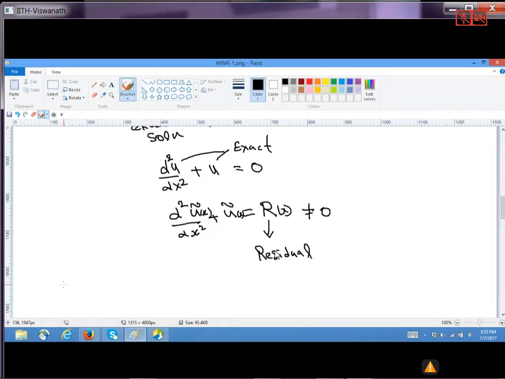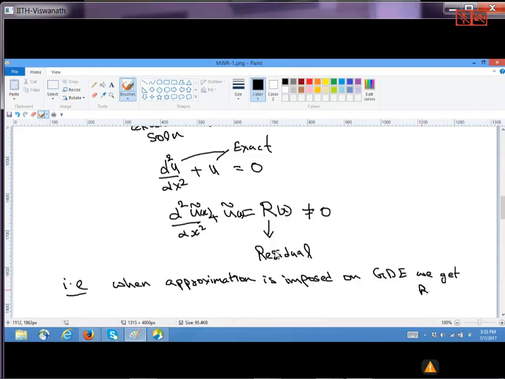That is, when an approximation is imposed on the governing differential equation, we get residue R. And it is like buying a lottery ticket.